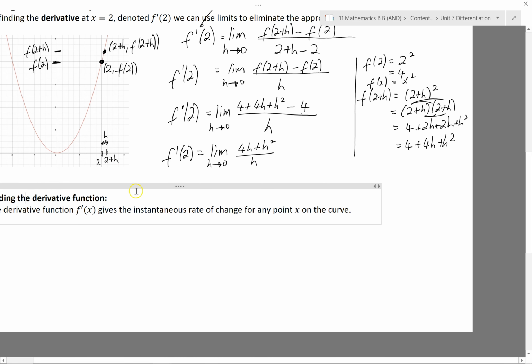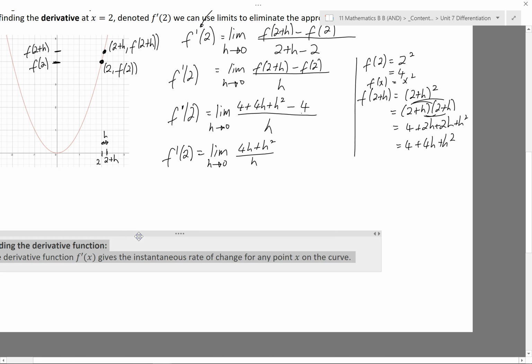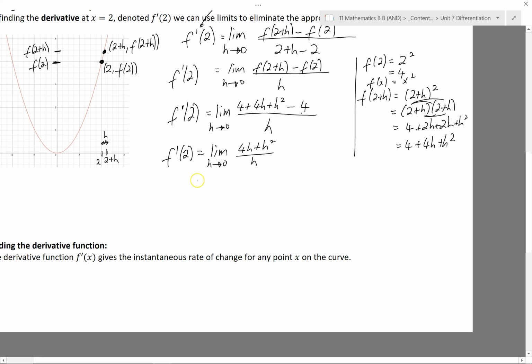Give myself some room here. And now it's like all those limit problems that we've been doing. I can't substitute in 0 because I'll be dividing by 0. So on the top line, I'll find the common factor of h.